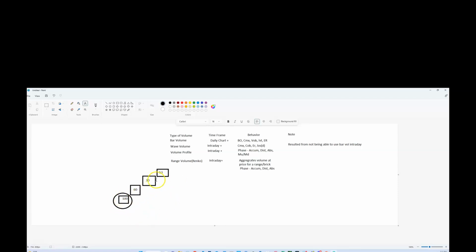Right? So someone accumulated here. You see? So the Renko with volume will show you within that range that, yeah, this is 100, this is 60, blah, blah, blah.